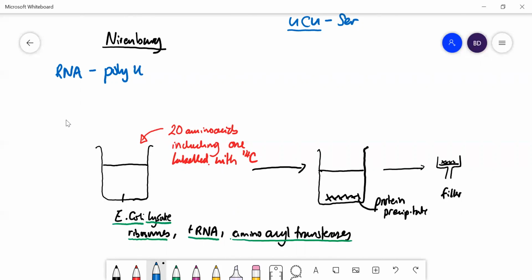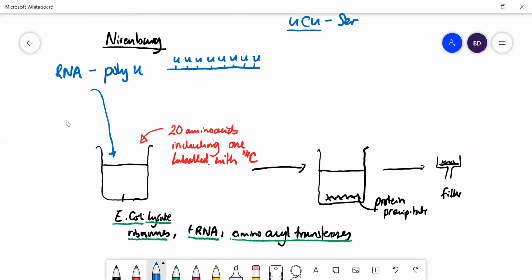So if you looked at the RNA there, it'd be lots of U residues, just U, loads of them. He added that RNA basically because it was the only RNA that they could make, and it was going to act as the messenger RNA.